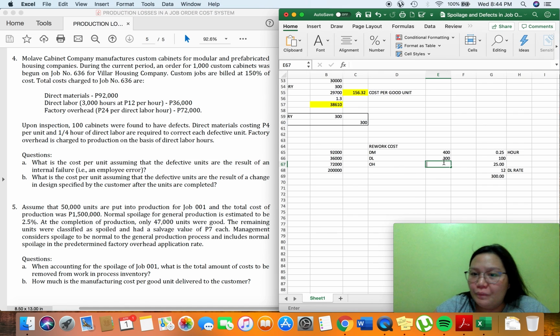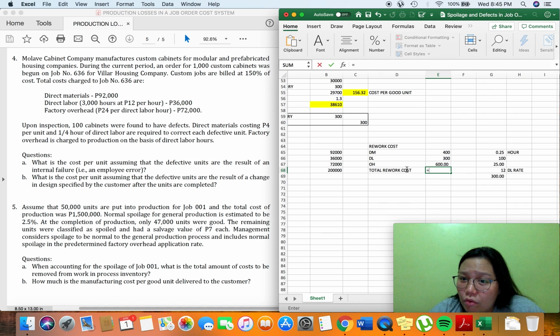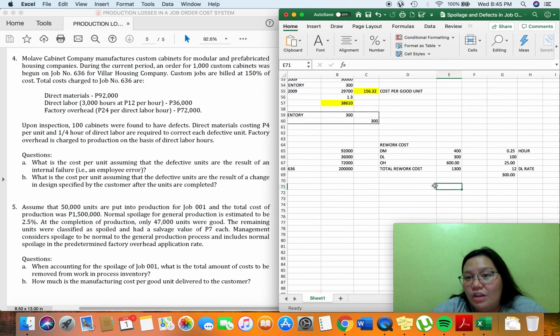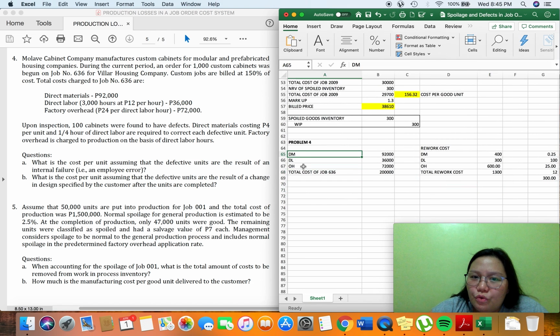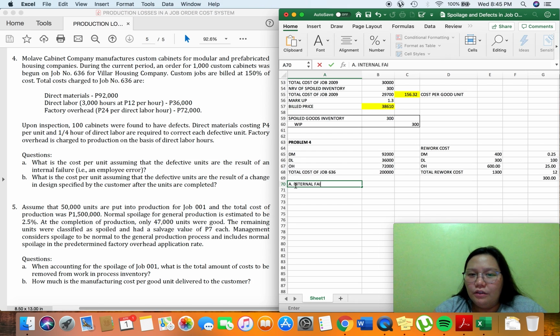So we have 25 hours multiplied by the factory overhead rate, which is 24. So we'll get 600. So our total rework cost is equal to, I think, 1,300.